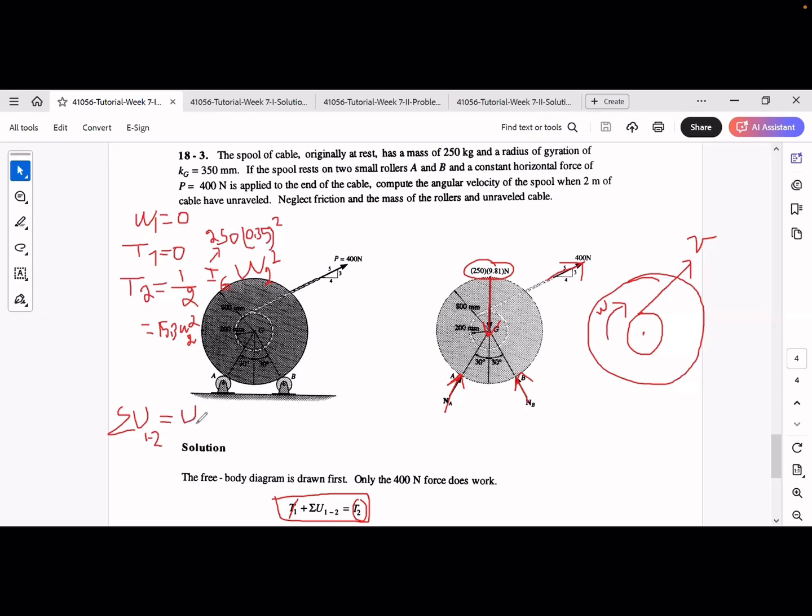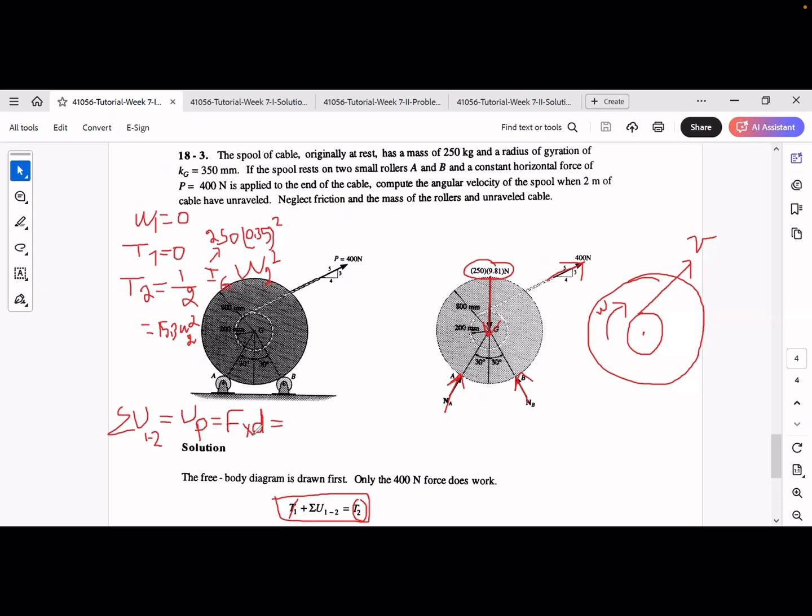So how can I find the work of the force P? I could divide it into components using the 3-4-5 triangle. That's one way. Now let's think about the fundamental definition of work. Remember the fundamental equation of work? Yeah, it is force times distance.